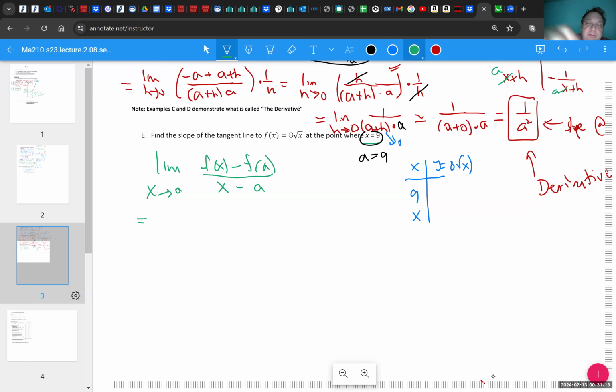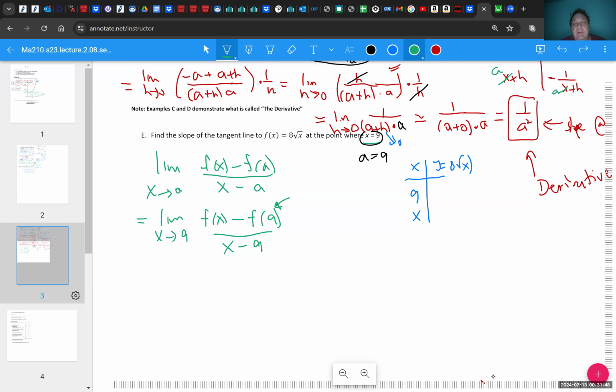If you imagine x getting closer and closer to a, and we know that a value is 9, then this becomes the limit as x approaches 9 of f(x) minus f(9) over x minus 9. So that is one of the things you have to remember: the objective point, what they give you, is the a value in this alternate version. So that's where the 9 comes from, and there's the 9, and there's the x.